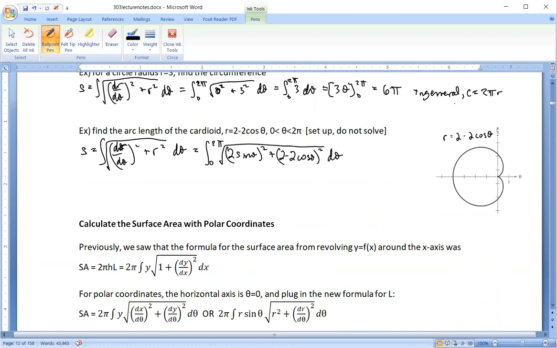So we can either write it in the first form, just using the parametric technique: 2 pi integral y square root of dx d theta squared plus dy d theta squared d theta. Or we can use the simplified version that we just showed, and that's going to be 2 pi integral r sine theta, and then the square root, which we know reduces to r squared plus dr d theta squared, and then all of that d theta.